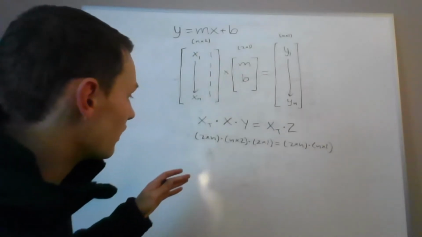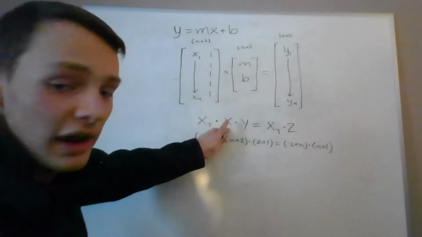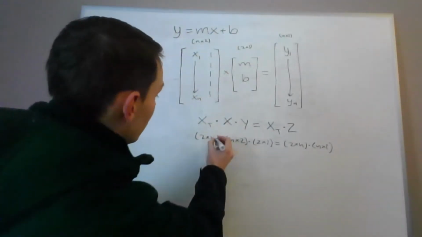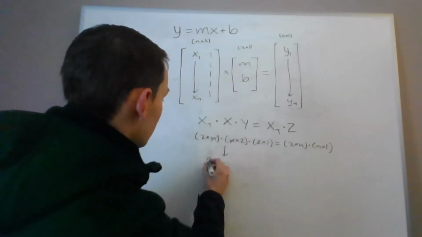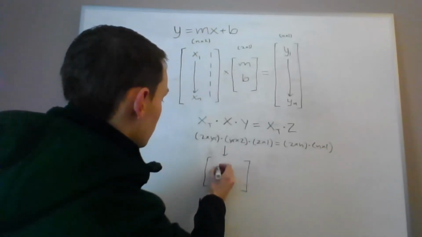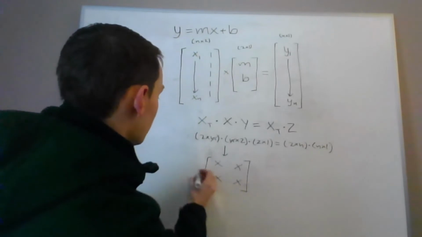And what you can see here is that the result of the transpose of X multiplied by the design matrix X results in a 2 by 2 matrix. These could be any values. I'm just going to put X's. Okay.